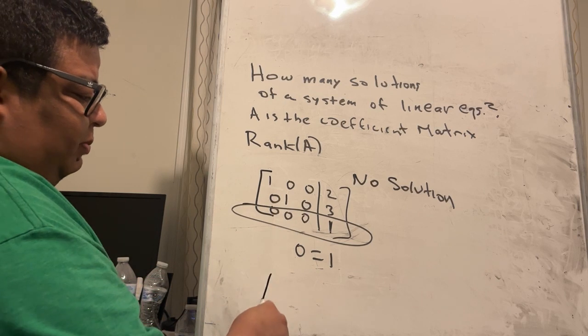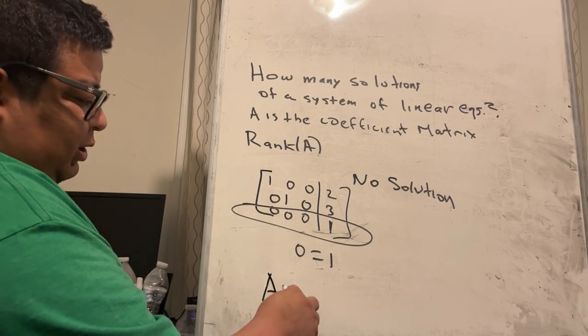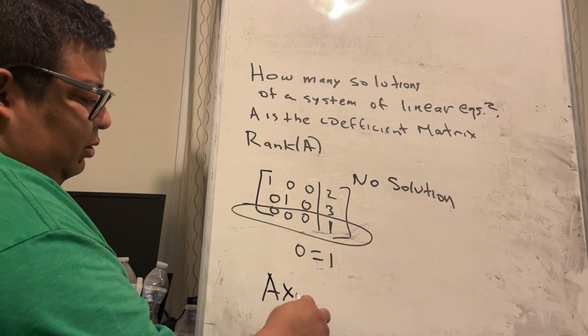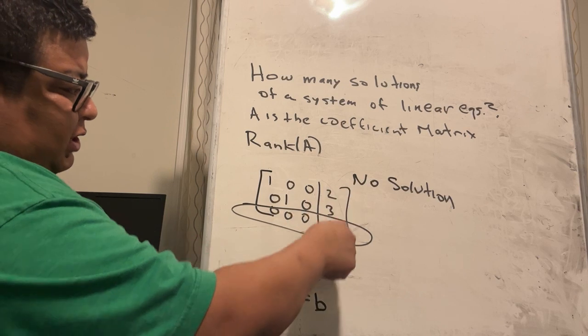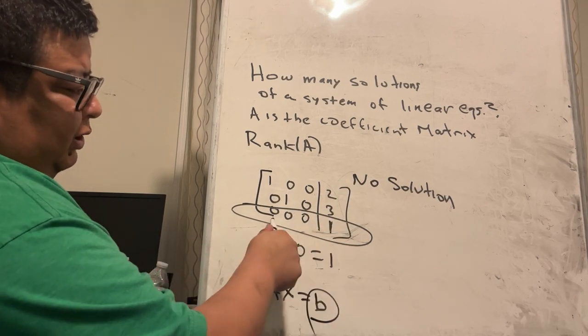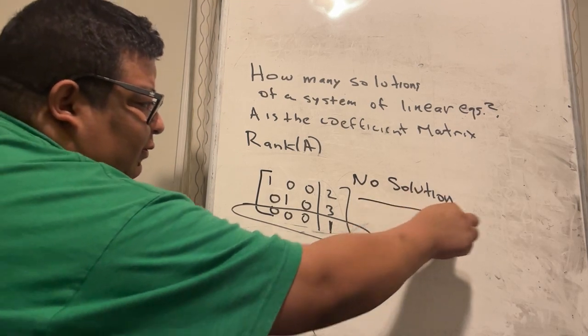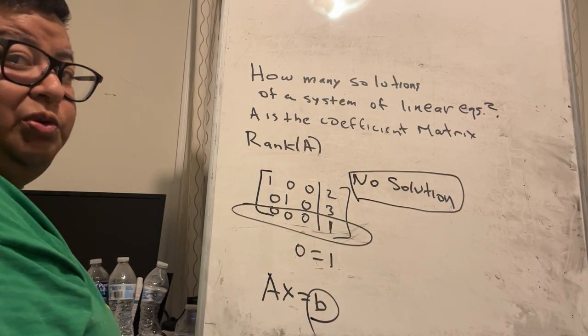So this basically looks something like Ax equals b. So when this here has a 1 and they're all zeros, that means that you're gonna have no solution. As soon as you spot that, you're gonna have no solution.